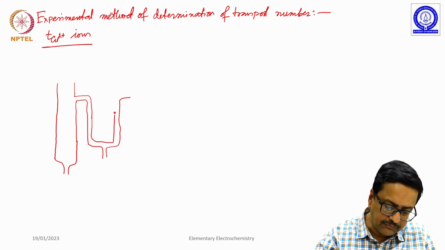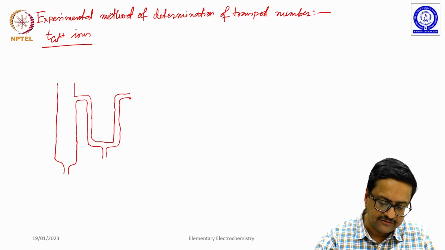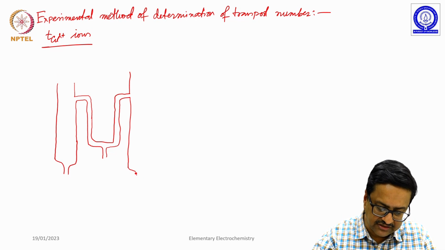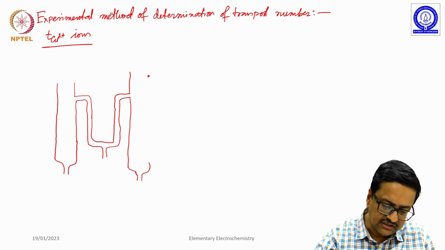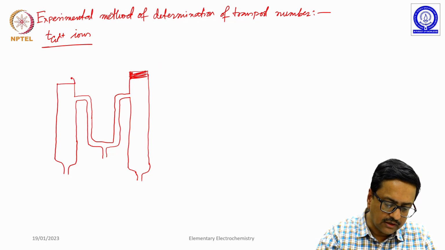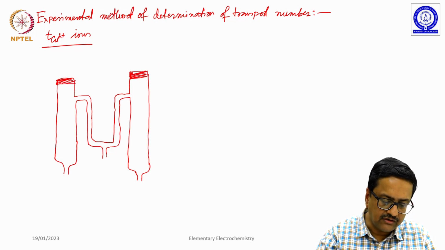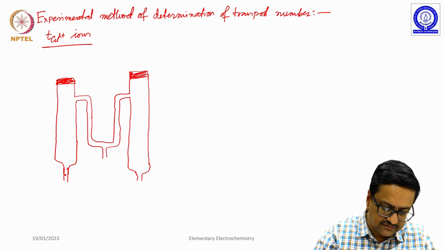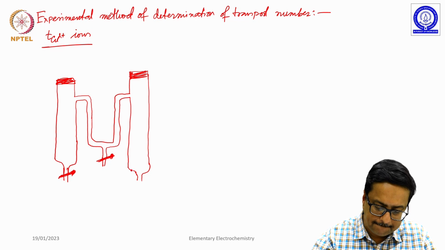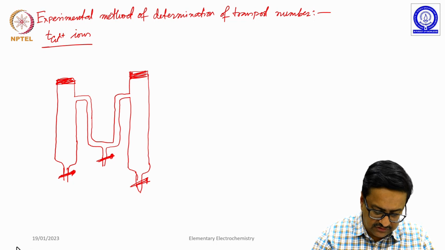Two tubes are connected by a central joint like this, and each tube has an opening at the bottom through which the solution can be taken out without disturbing the entire solution after the experiment is over, and the concentration of the contents can be measured. So, you have a stopcock at each of these ends to drain out solution.